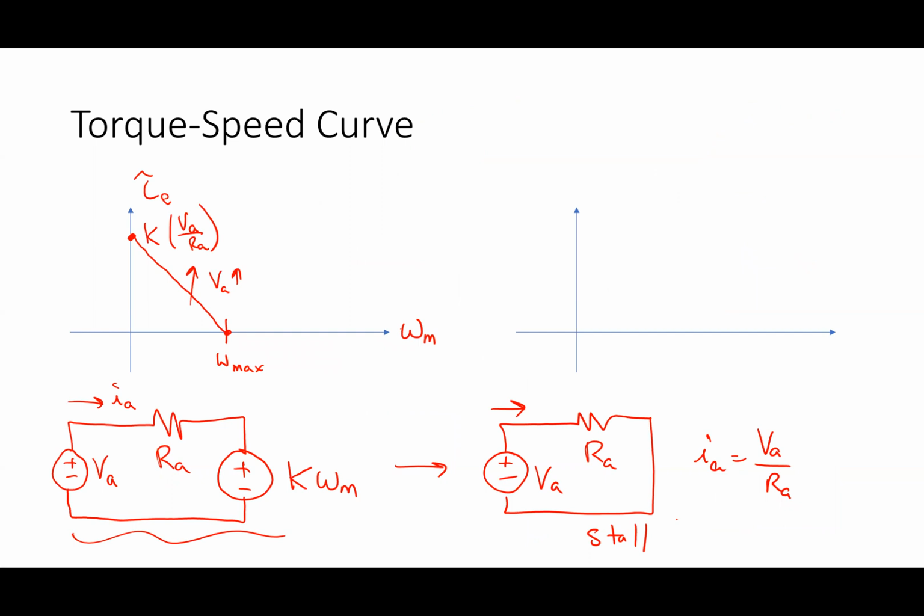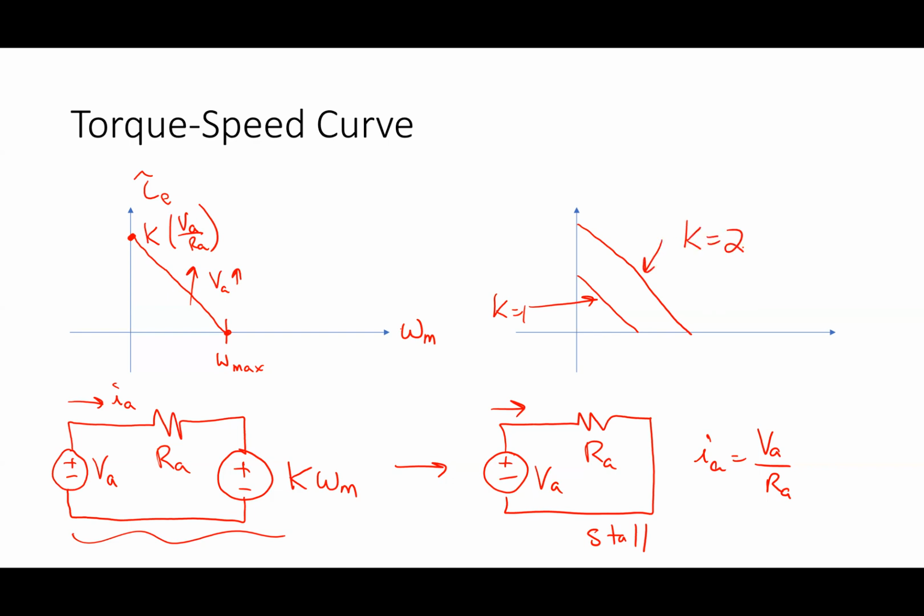Let's say for K equal to 1, this was my torque speed curve. Where would it go for K equal to 2? Basically, it would be double that, so let me draw that better. This would be for K equal 1. This would be for K equal 2.